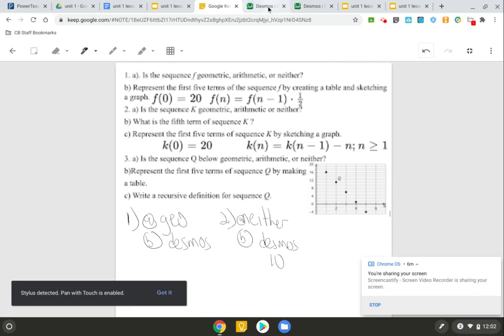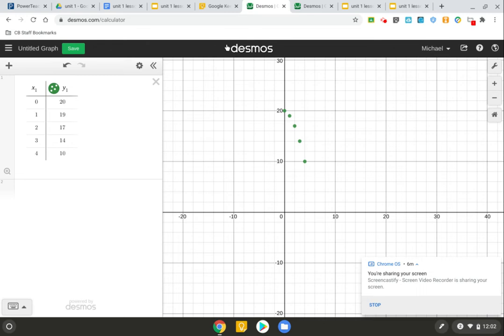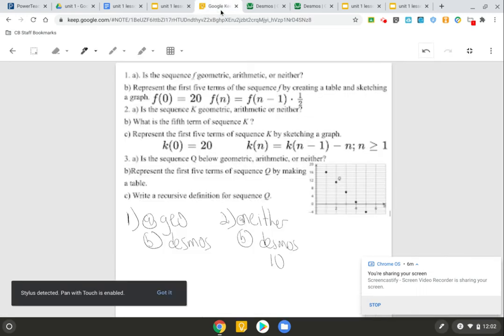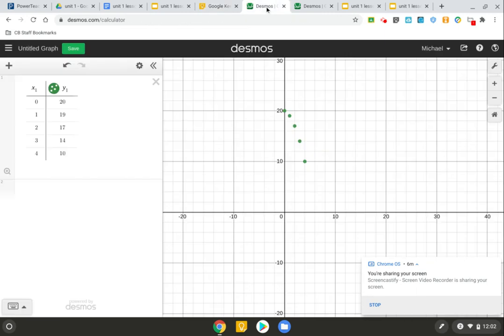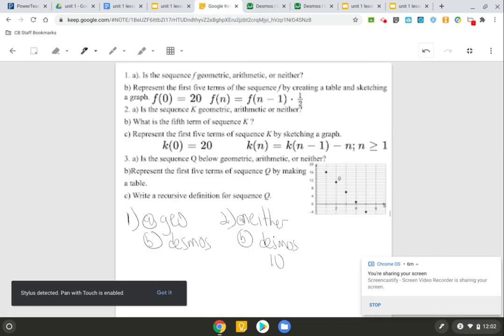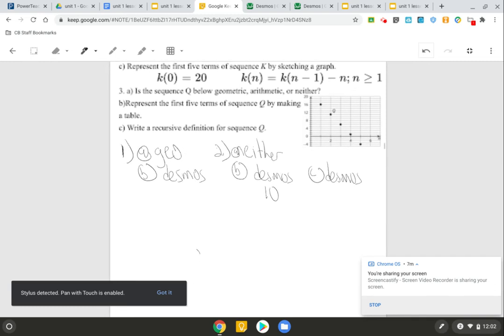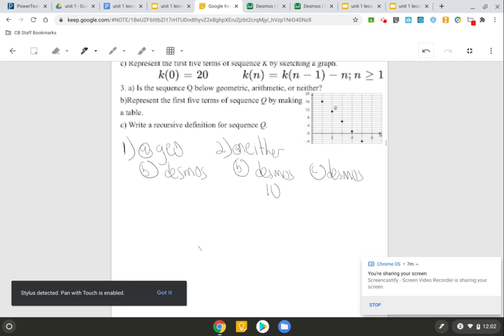By doing the table, we now have actually answered part C. We sketched the graph, and it is right here. You can see this is not a linear and not an exponential graph, so it makes sense that it's neither. So part C, we also used Desmos for. That's it for number 2.